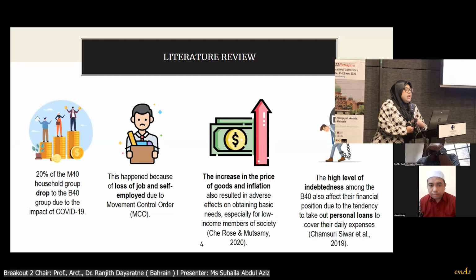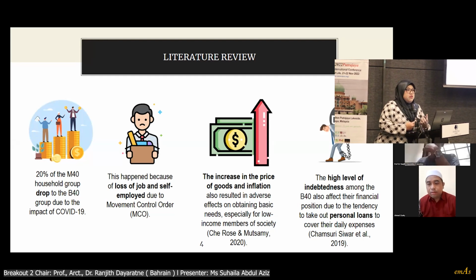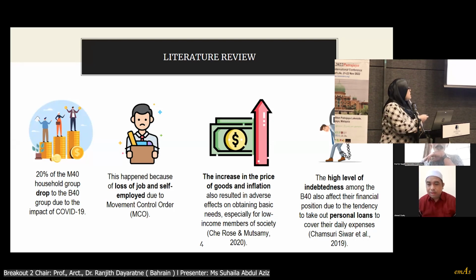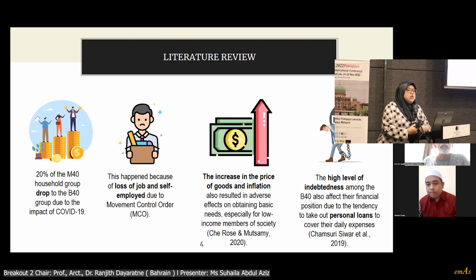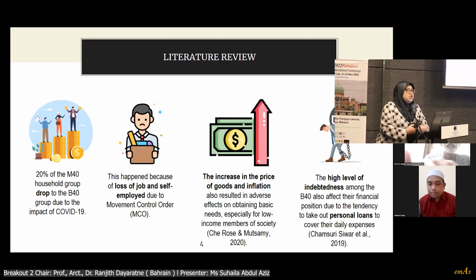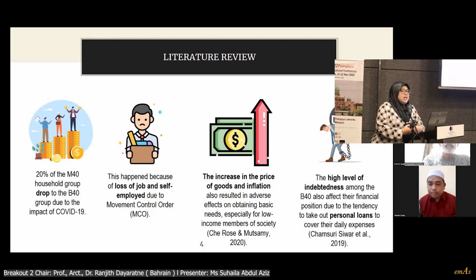Some of them lost jobs, and they had many other reasons that made them drop from M40 to B40. For example, this happened due to the loss of jobs and self-employment because of the MCO, Movement Control Order, introduced by the government of Malaysia starting from 18 March 2020.